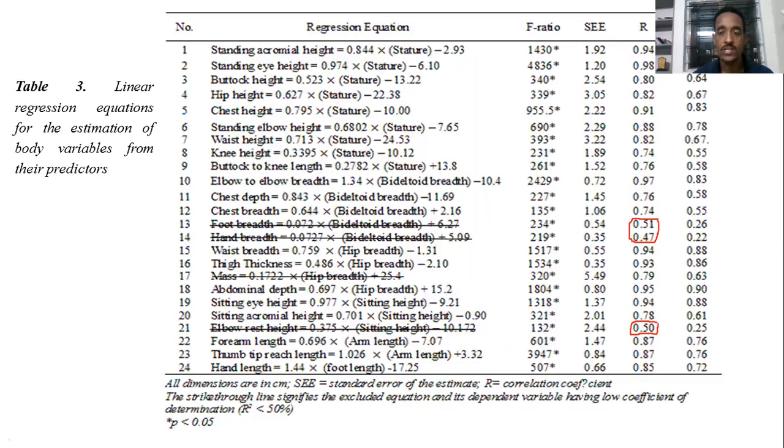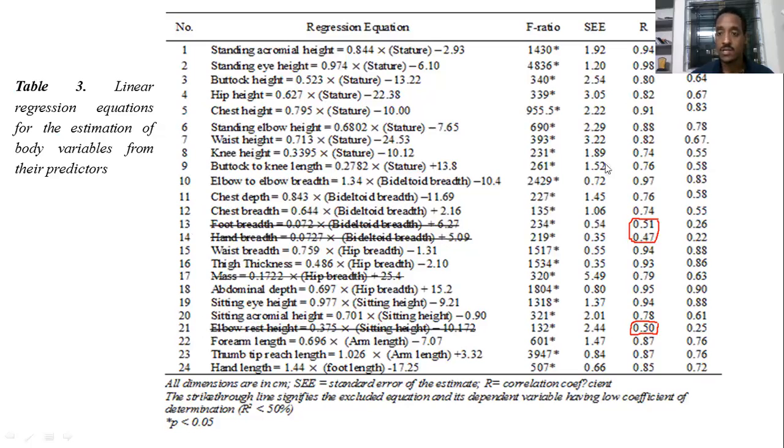In the regression equation, we estimate the closely related variables as functions of their predictors. So 24 variables are predicted as a function of their predictors. But if you see 13, 14, and 21, their regression equation is cancelled. Why?